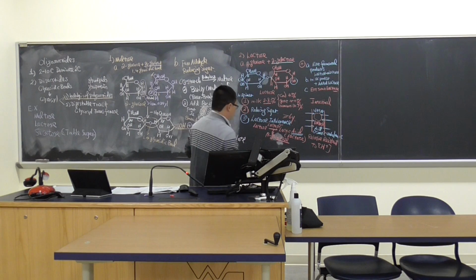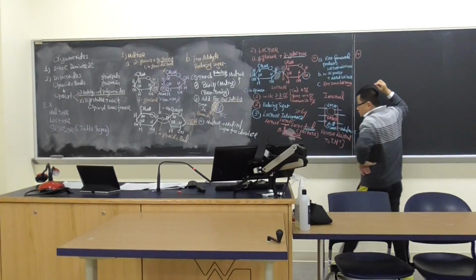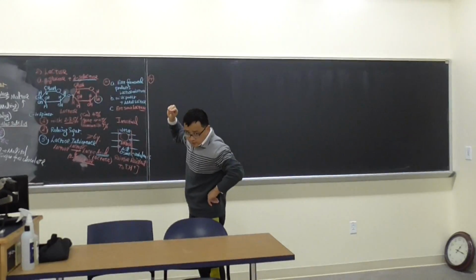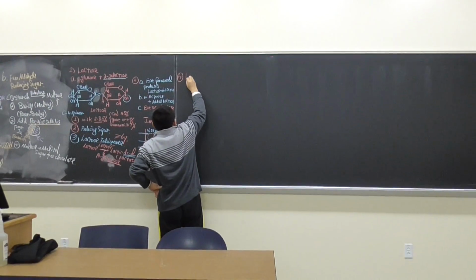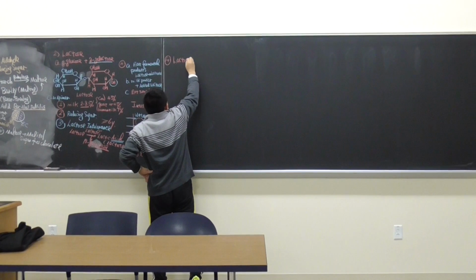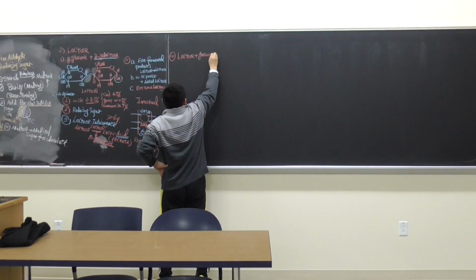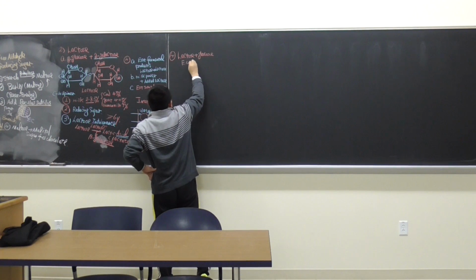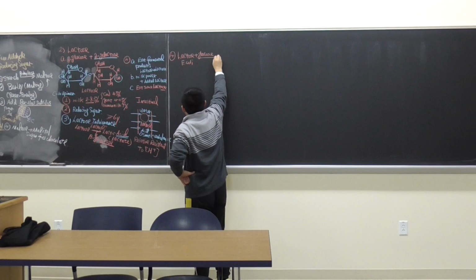Now, the last thing I want to mention, but not going to talk too much. This is some very important stuff. If you have lactose with glucose, let's say for E. coli bacteria, the bacteria are going to use the glucose first.